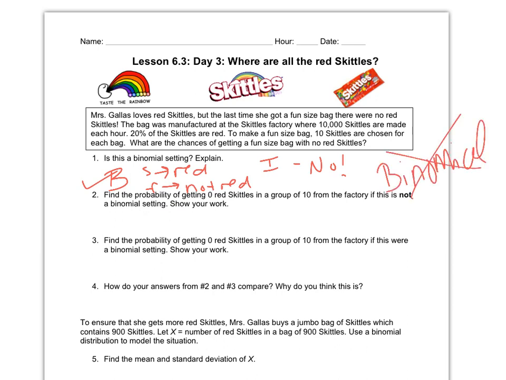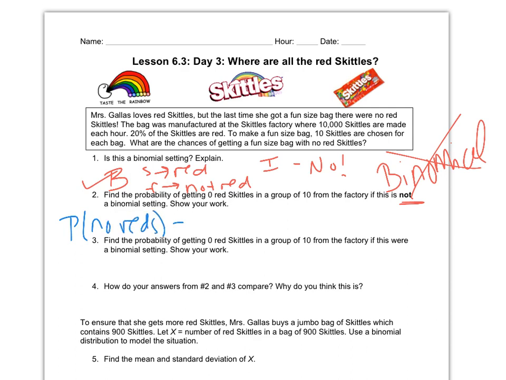So now we're being asked to find the probability of getting 0 red Skittles in a group of 10 from the factory if this is not a binomial setting, and to show our work. So we want our probability that we got no reds.